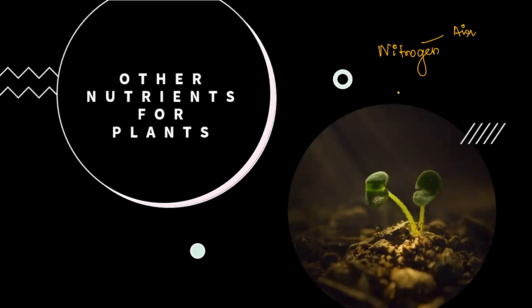The plants cannot absorb this nitrogen directly. There are some bacteria present in the soil which help in the absorption of it. Apart from that, the farmers also add fertilizers which are rich in nitrogen so that the plants fulfill their nitrogen requirement.